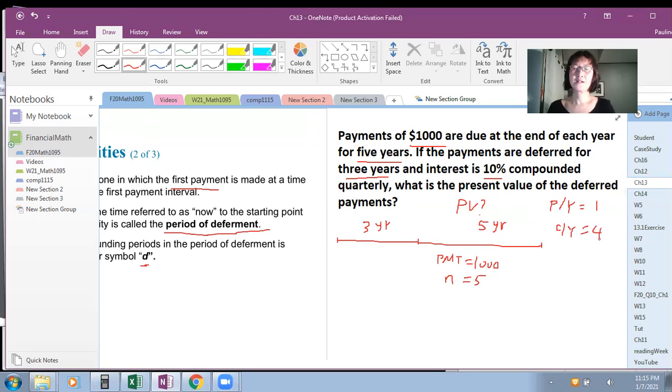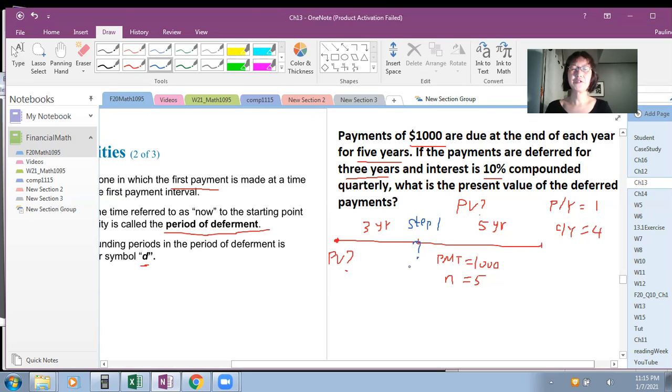Okay. So what is the question here? The question is, what is the present value here right now? What is the present value here? Okay. Again, we use 2 steps. Step 1, figure out what is the value here.